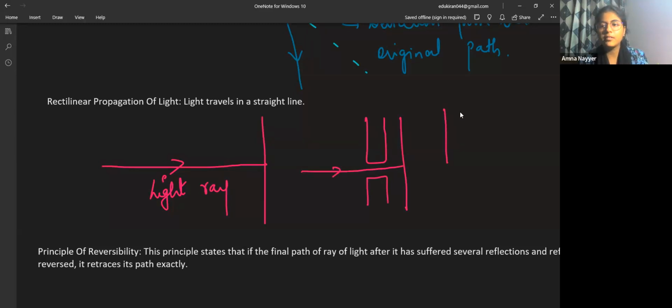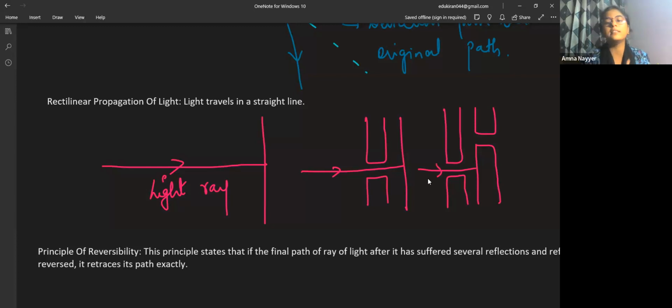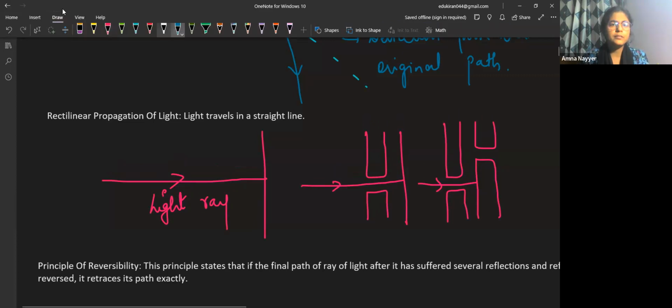If you have the path for the light like this, instead of going like this and then reaching the final destination, it will go like this and will stop and form the shadow or image, whatever is necessitated over here. Some very small rules you are having right now. The rest of the details we'll study later.